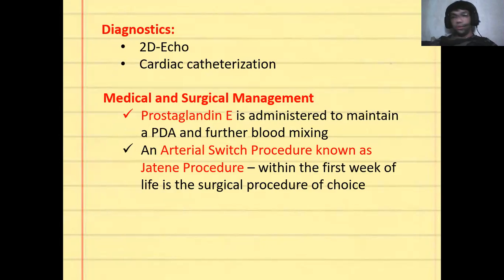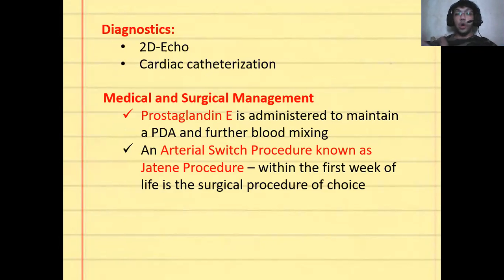Diagnostics: the same ones will be done, same as the cyanotic ones. And the medical surgical management is to give prostaglandin E. Prostaglandin E is administered in order to keep that patent ductus arteriosus patent.